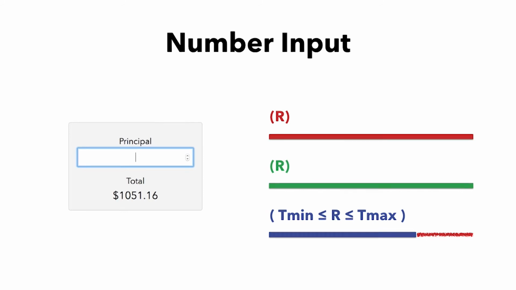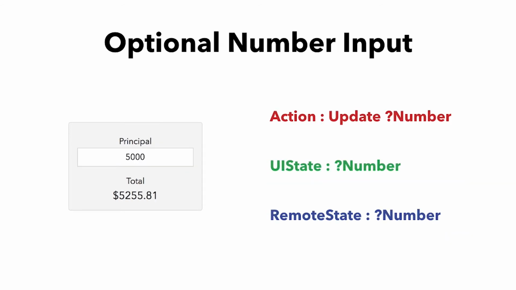So what we want to do is introduce this optional number input. The idea here is that with a number, 0 means 0, but for optional, there's also this idea of nothing. Now 0 and nothing in this case are not the same, so we need to add that in as well.